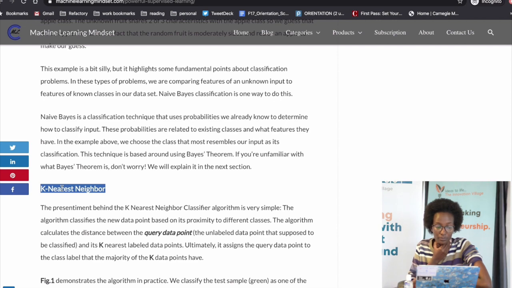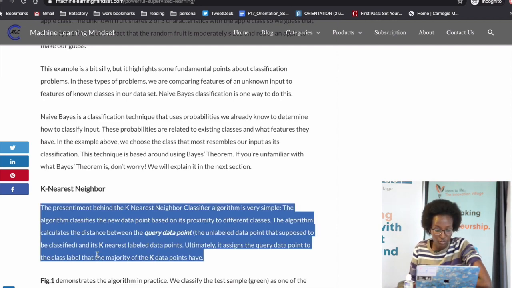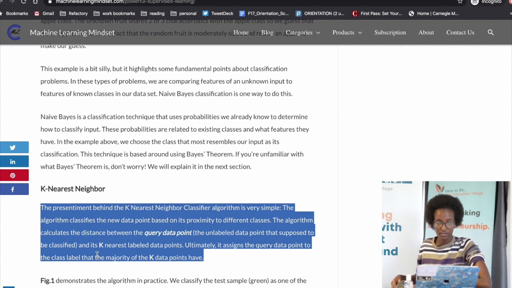Okay. So the premise behind the k nearest neighbor classifier algorithm is very simple. The algorithm classifies a new data point based on its proximity to different classes. So you can see there are different ways of doing classification, but in the end they're all classifying a particular input and trying to see which class that input lies in.